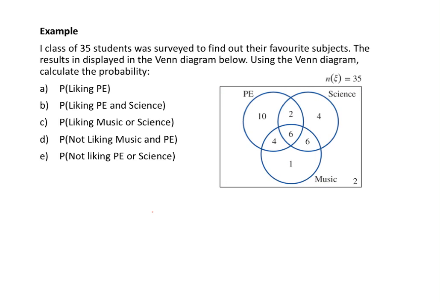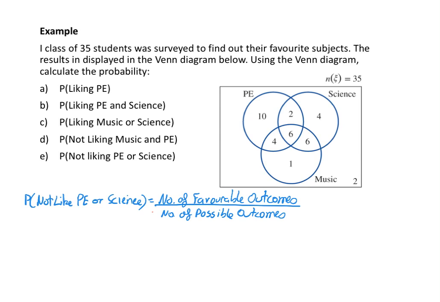So in the last part of my example, I want to calculate the probability of a student not liking PE or not liking science. And I'm going to use the formula number of favourable outcomes over the number of possible outcomes to calculate that probability. So using the Venn diagram, I can work out the number of favourable outcomes.